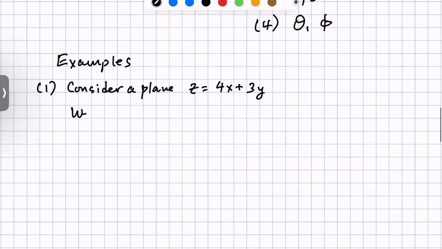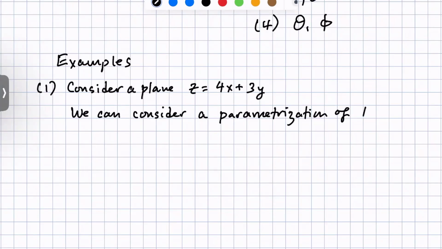Then we can consider a parametrization of the plane in the following way.